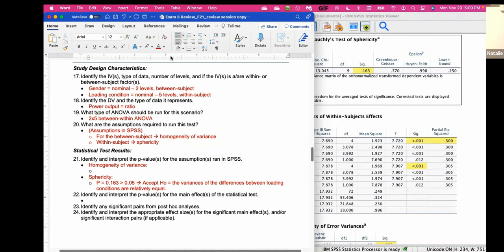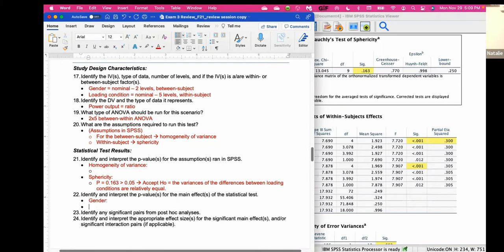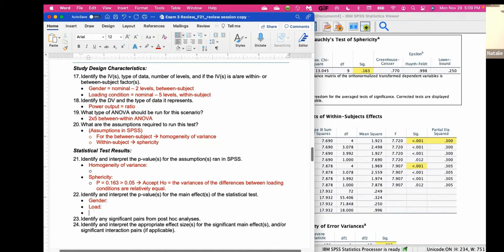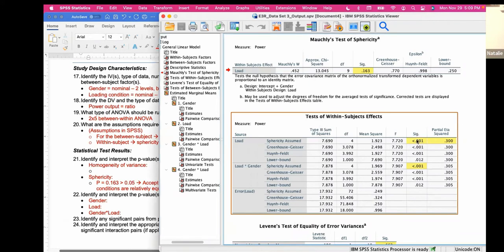So I'm going to skip down where we're going to have a p-value for gender, we'll have a p-value for load, and then we'll also have a p-value for gender and load. Okay. Because we met sphericity, for the loading condition, we see we have a p-value of 0.0 or less than 0.001. And then our interaction effect, load and gender, we have also a p-value less than 0.001.